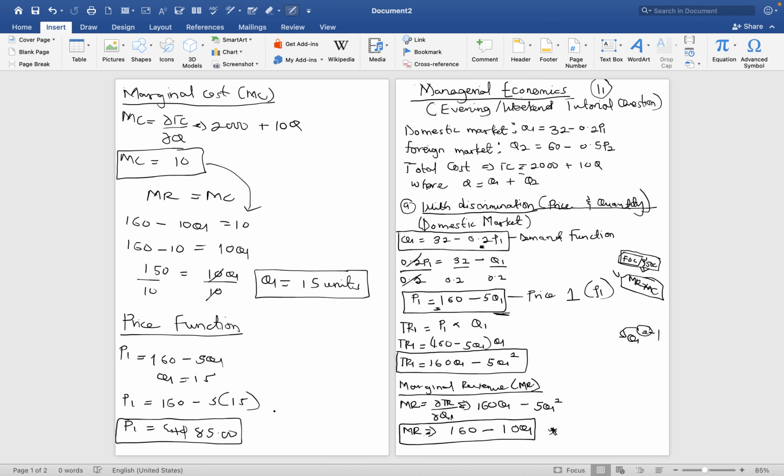So we've done that for the domestic market. This is Q1 for the domestic market, and this is P1 for the domestic market. So we'll do the same thing for the foreign market as well.